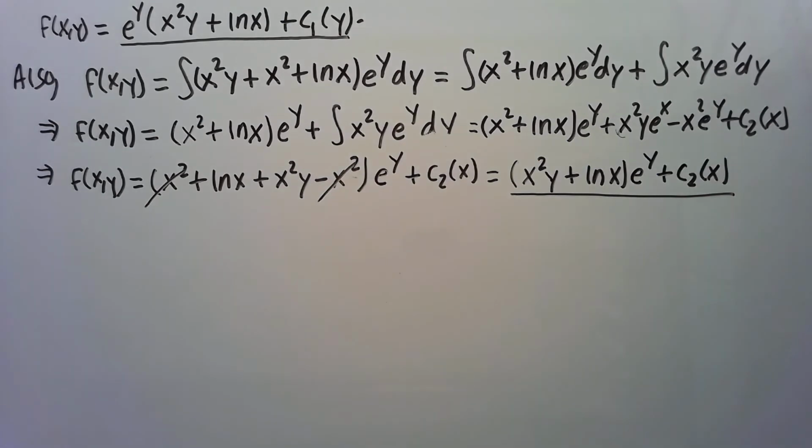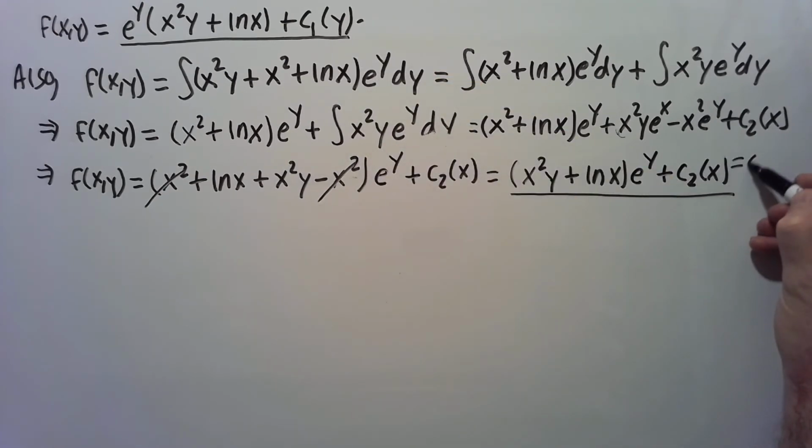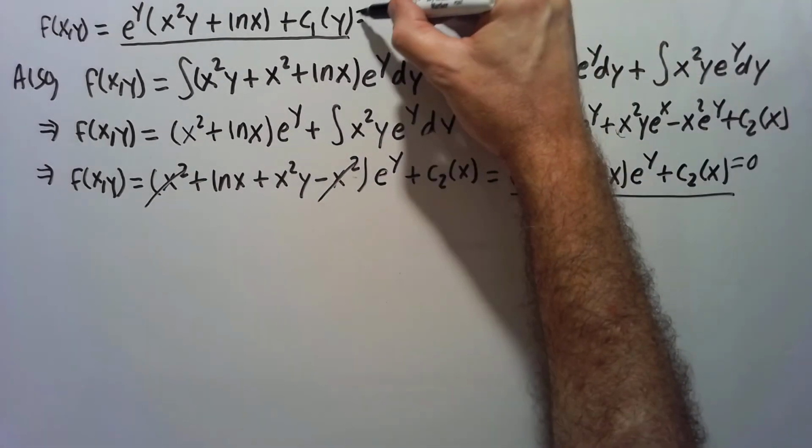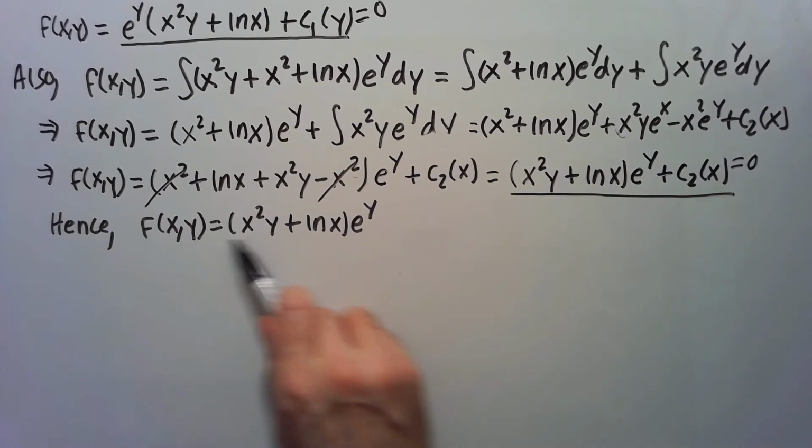So we're going to compare now this guy with the one up here. And comparing them, we can see, to make them compatible, we can just choose this guy to equal 0 and that one to equal 0 for our functions of x and y there. So hence, this will be my parent function then.